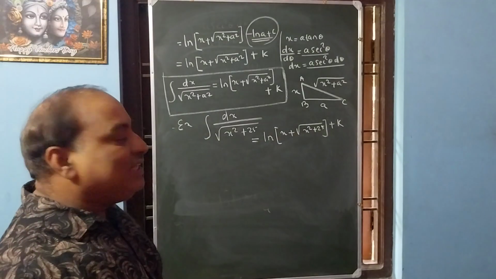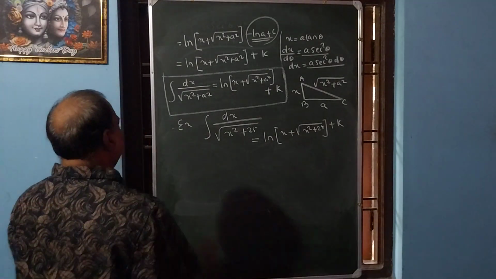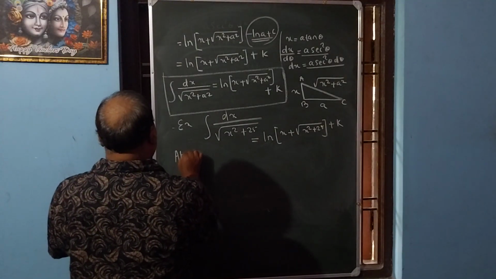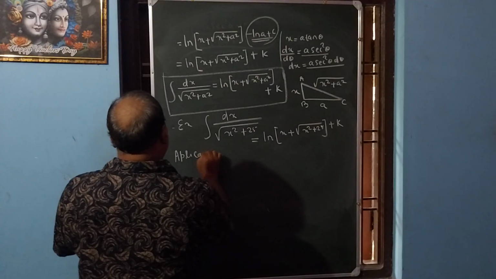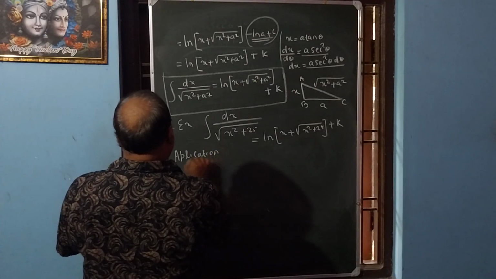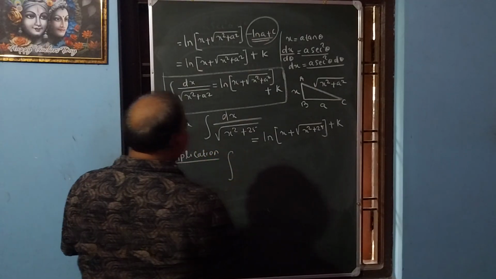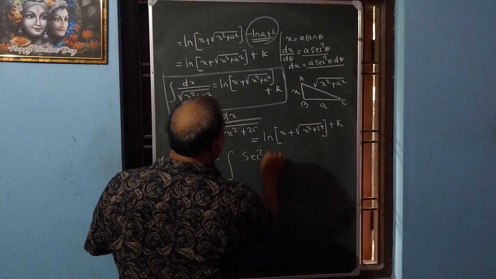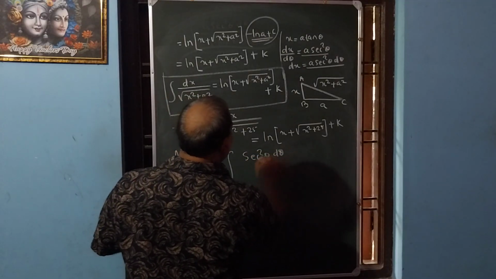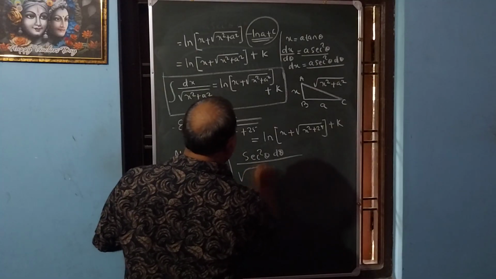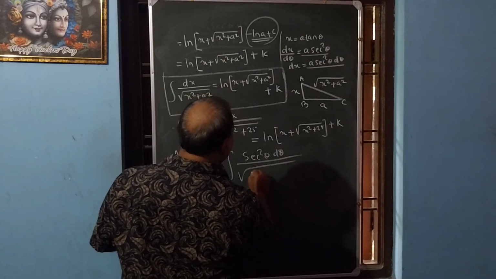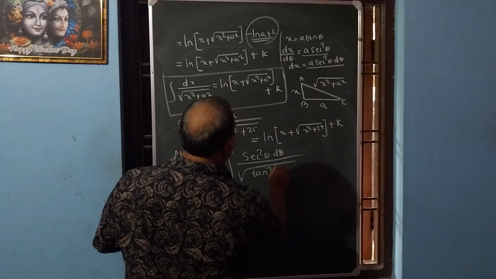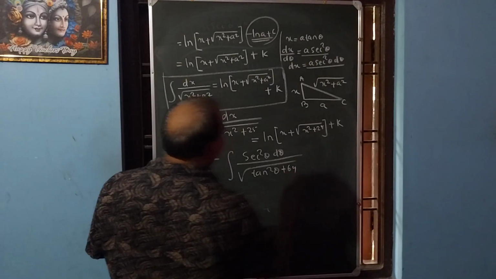Now, how can you apply this formula? Application. One example: sec square theta d theta divided by root over of tan square theta plus 64.